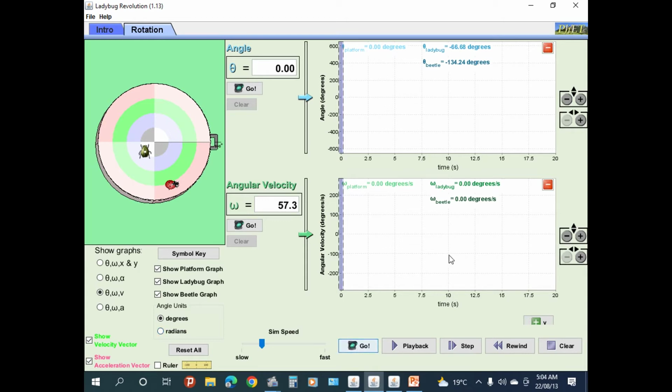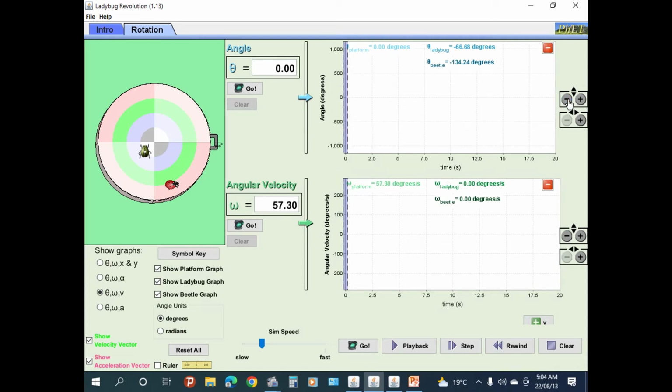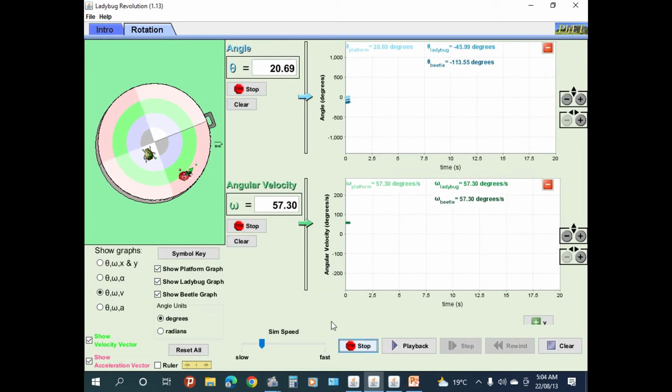Now go. The angle subtended is increasing with time t. So the angular displacement over time t gives constant values, the inclined line, that is the angular velocity. The angular velocity is constant, 57.3 degrees per second.